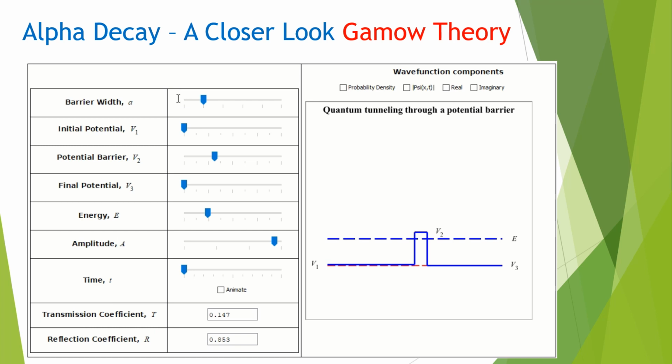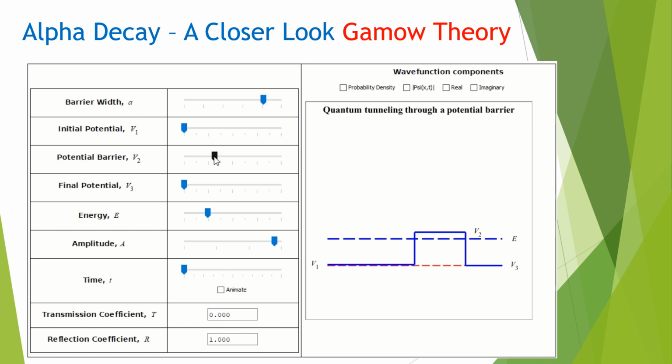So here the first variable that I have is this one. I can vary the width of the potential barrier. At the same time, I can vary the potential of region 1, but I am not interested in making it other than 0. Similar is the case for the potential of region 3, say V3, that also I am setting to level 0.